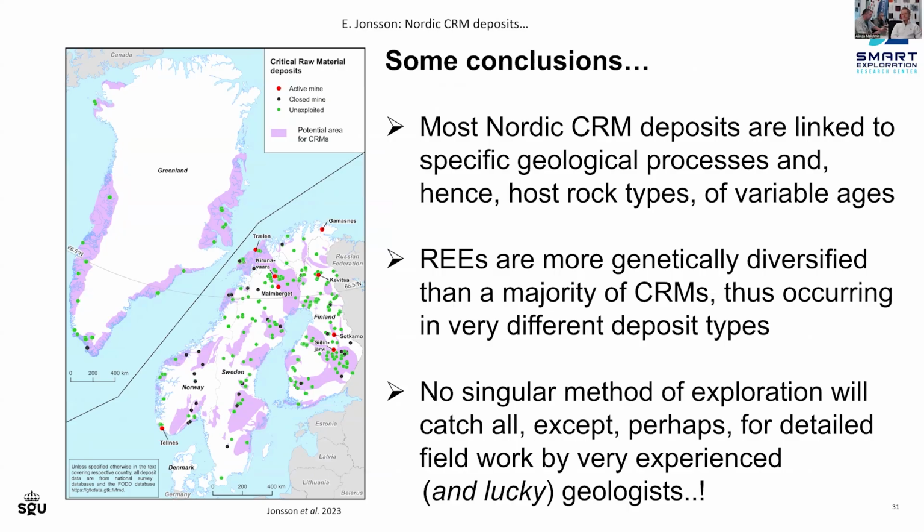So most Nordic CRM deposits are definitely linked to very specific geological processes, associated rock types of variable ages. I'd say that the rare earth elements are more genetically diversified than a majority of the CRMs otherwise, occurring in very different deposit types that I've tried to touch upon.